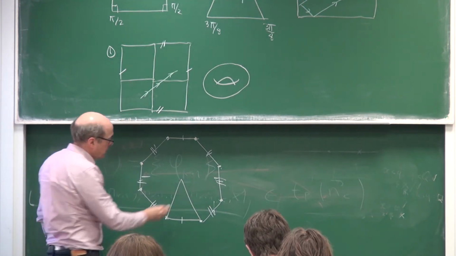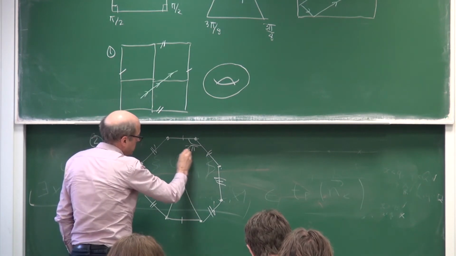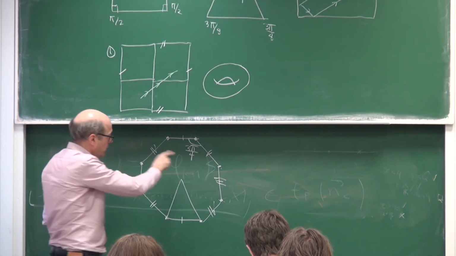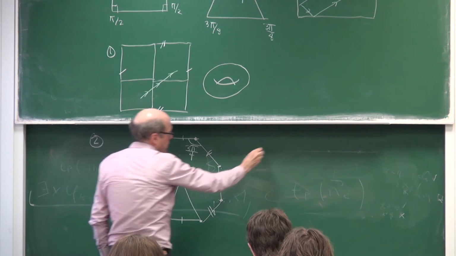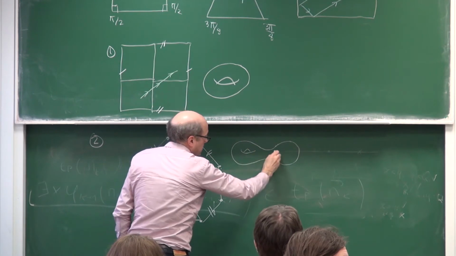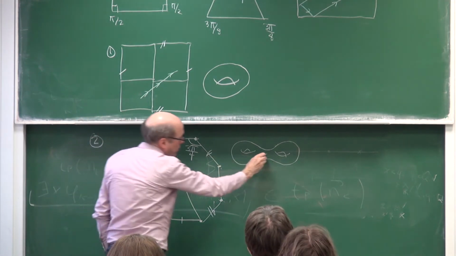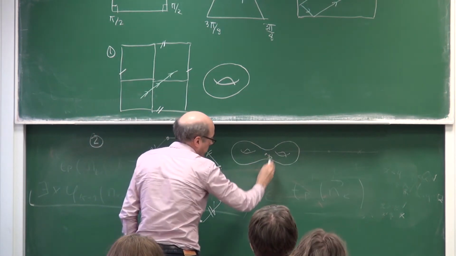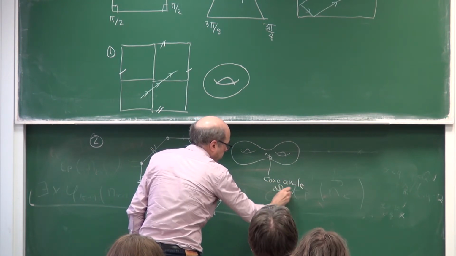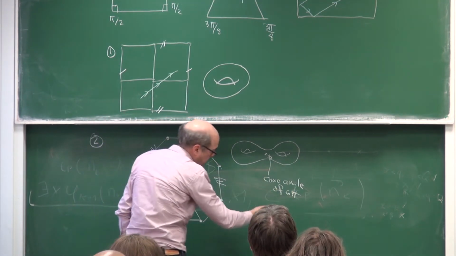So in this case, all of these vertices get identified. The cone angle at each vertex is 3 pi over 4. So what we produce in this case is a surface of genus 2, which you can check, with a flat metric on it and a singular point. And at that singular point, we have a cone angle of 6 pi.